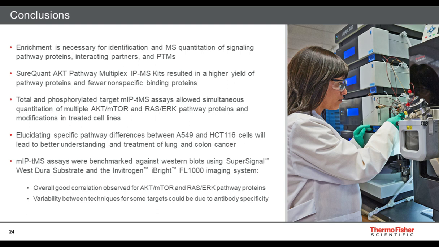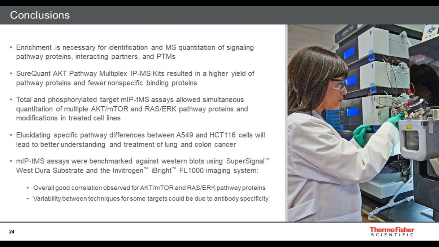Just summarizing the talk, enrichment by immunoprecipitation is necessary for identification and mass spec quantitation of these low abundance signaling pathway proteins, as well as to study protein-protein interactions and post-translational modifications such as phosphorylation.